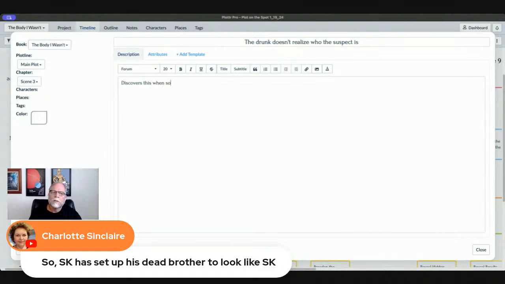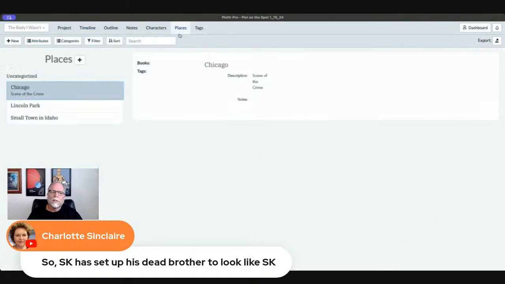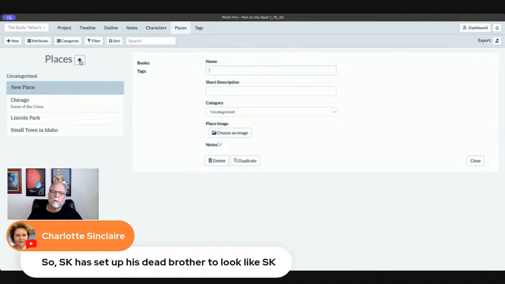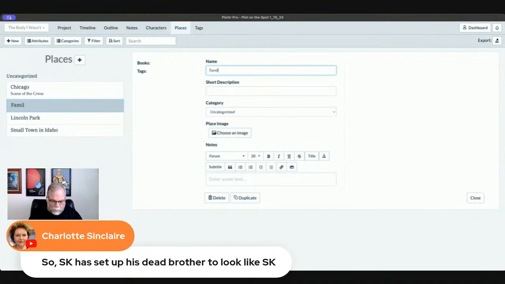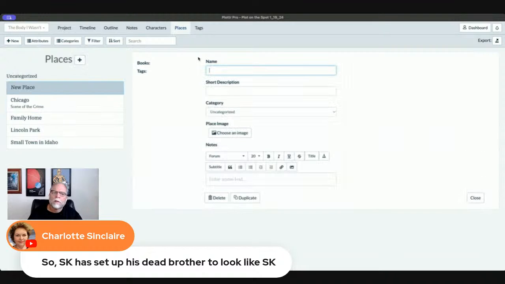discovers this when sober. Now, as we go through these chapters, we can tag our characters and places, so we can start to add settings. So we can add places like the family home, deceased's apartment.